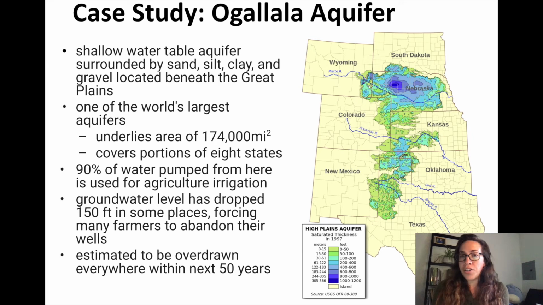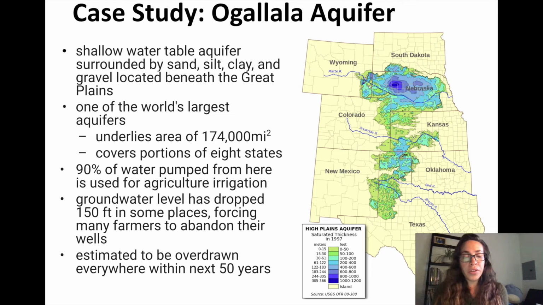And so if you had a shallow well here, you've been basically forced to abandon it as that water table is sinking lower and lower and lower. We're estimating that overdraw will deplete the Ogallala Aquifer in the next 50 years. And once it's depleted, we don't know where we're going to get water resources for these communities.